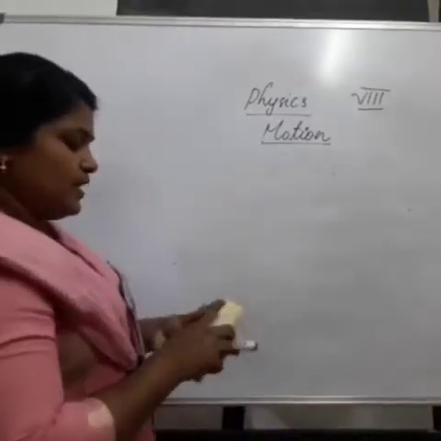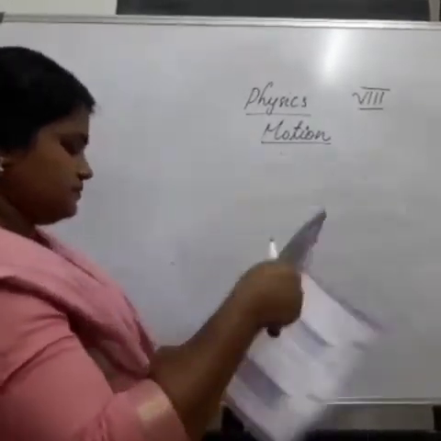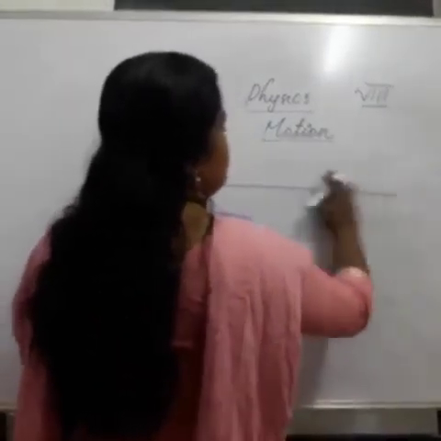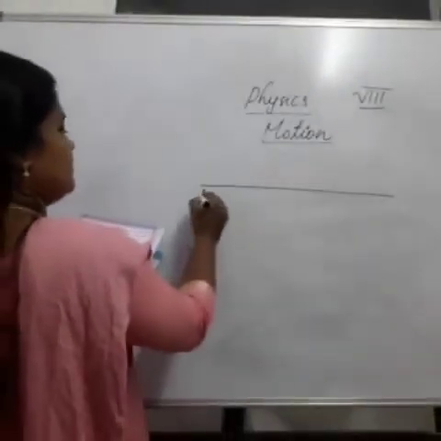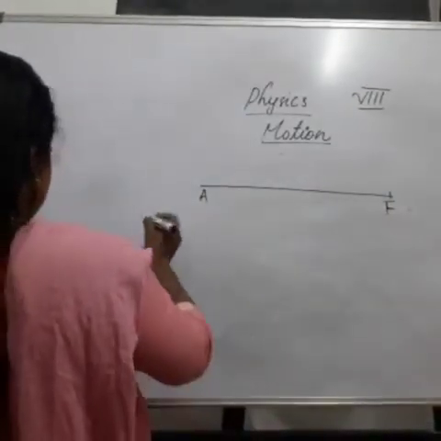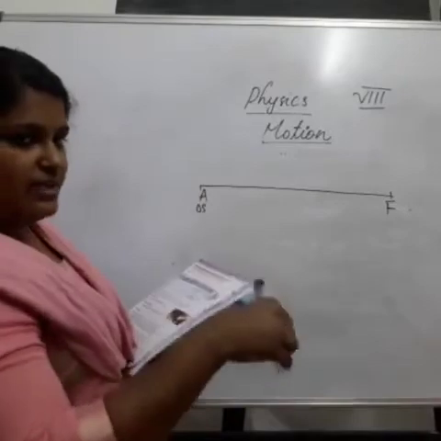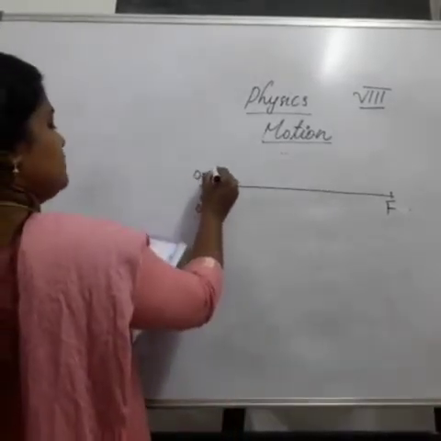Let us draw a line diagram. Imagine you are sitting in a car and the car travels from the point A to the point F. At 0 seconds, the initial time when we are sitting in the car, there is no speed.